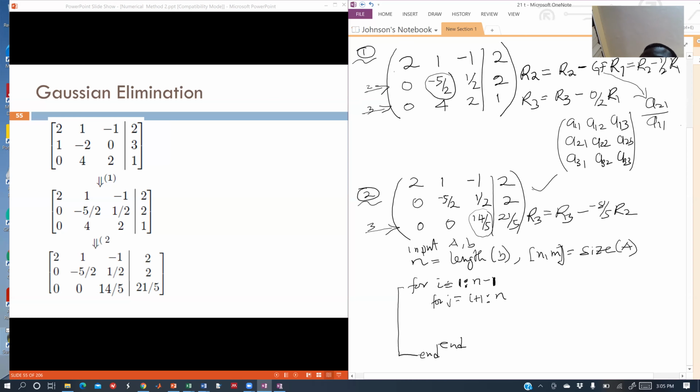I hope that gives you a clue of where the 2 and the 1s are coming from. So before I started the elimination, I only knew the iteration within which I'm working and the row within which I was going to work. And my Gaussian factor was this.